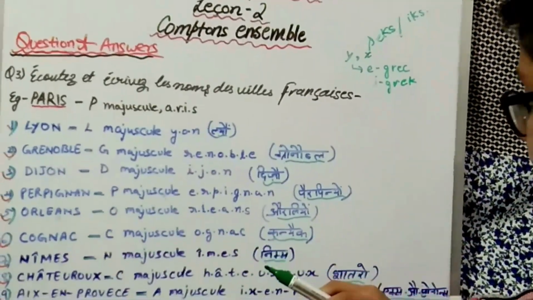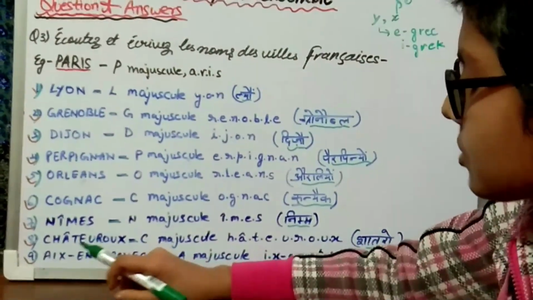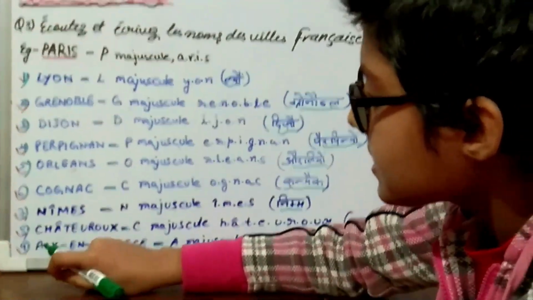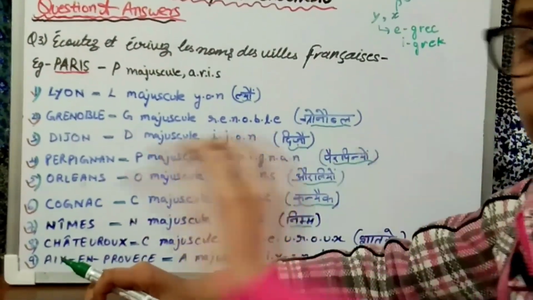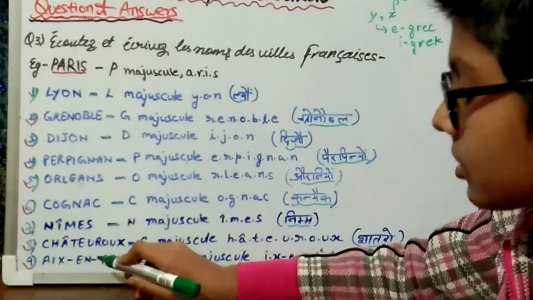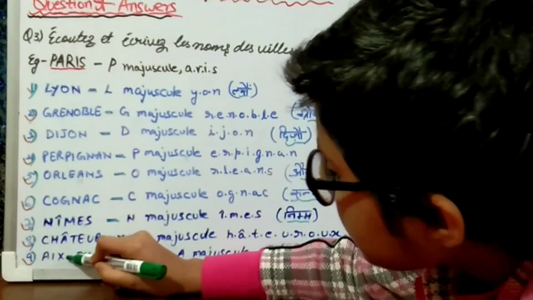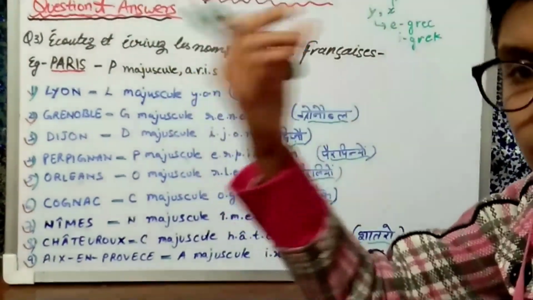Then, at the last one, which is Aix-en-Provence. Why is it A-I-X dash? Aix is a different word. Then we have E-N, which is a different word. Just remember the dash, which tells us the spacing between the pronunciation of these.